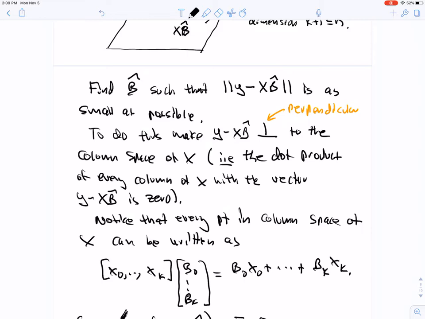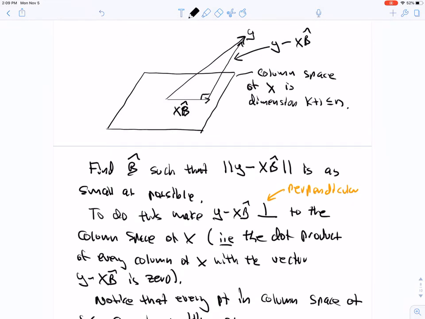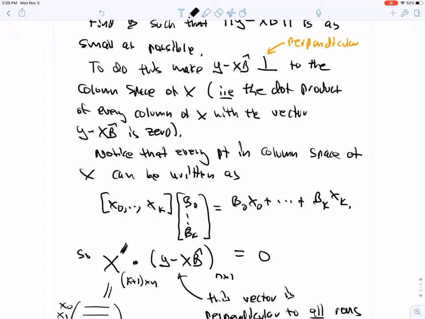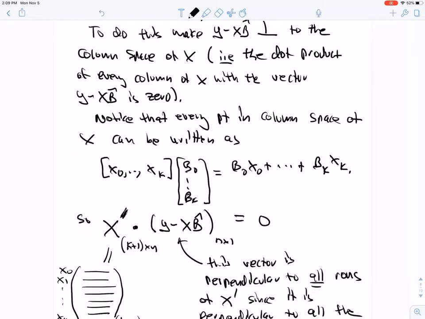So y minus X beta hat is the orthogonal projection, which means that the dot product of every column of X in your column space with the vector y minus X beta hat is 0. Notice that every point in the column space of X can be written this way.